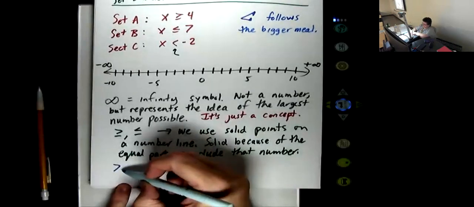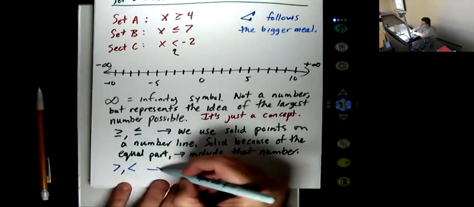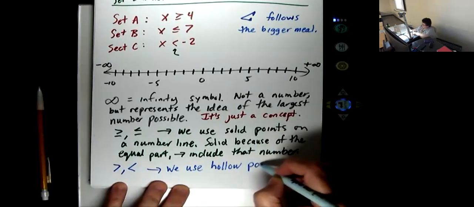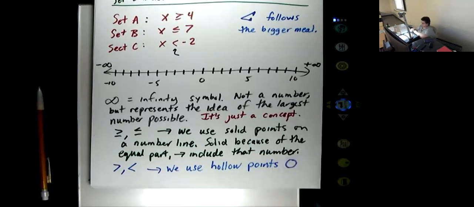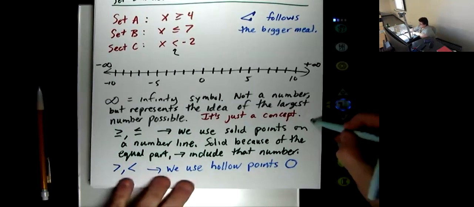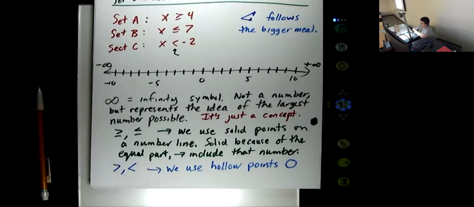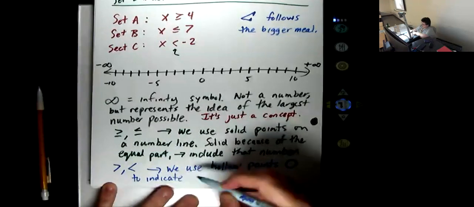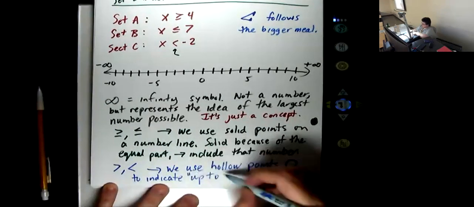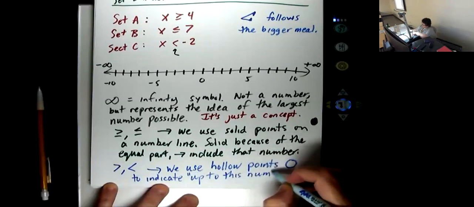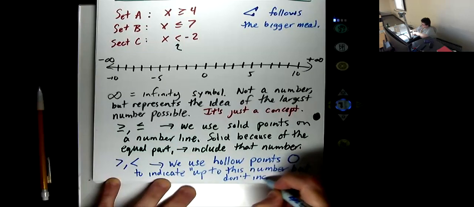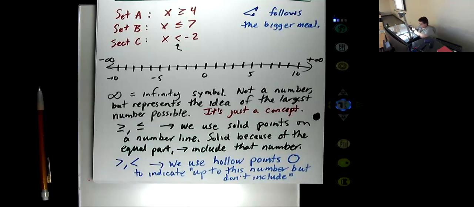For greater than and less than without an equal sign, we use hollow points, to indicate up to this number, but don't include it. Write all that down.